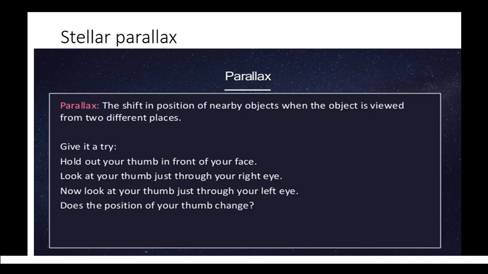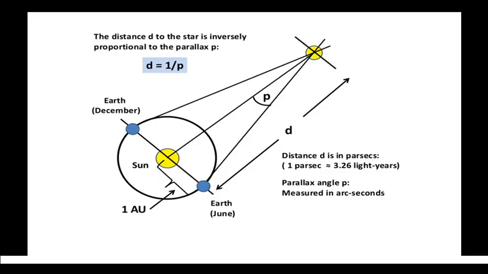So watching the stars in the sky from different places will create this parallax. See, this is the earth and earth is revolving around the sun. The distance between earth and sun is known as the astronomical unit, that is 1 AU, and we are observing the star here. We observe the star every 6 months.